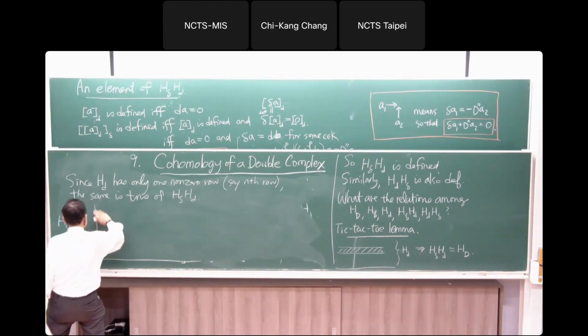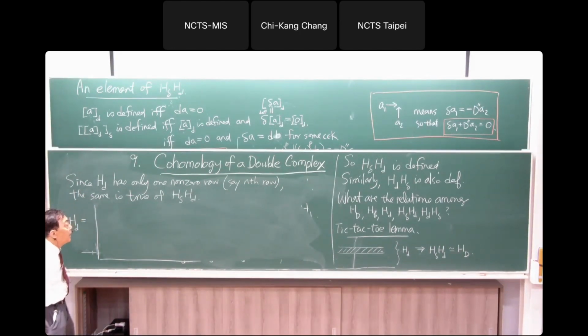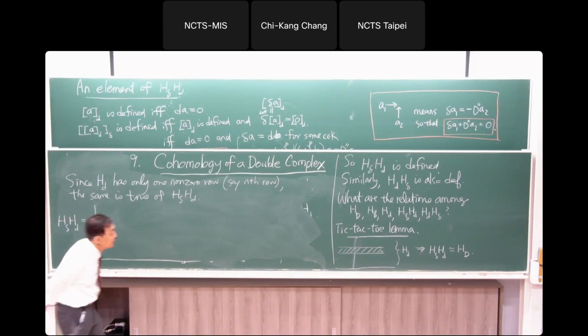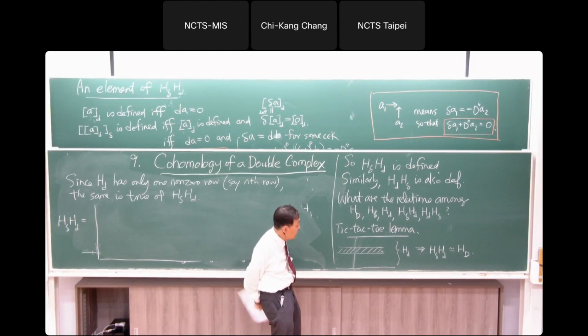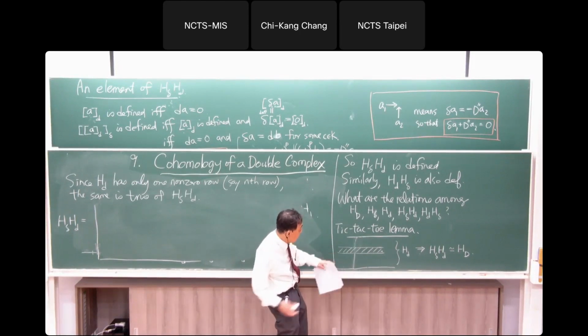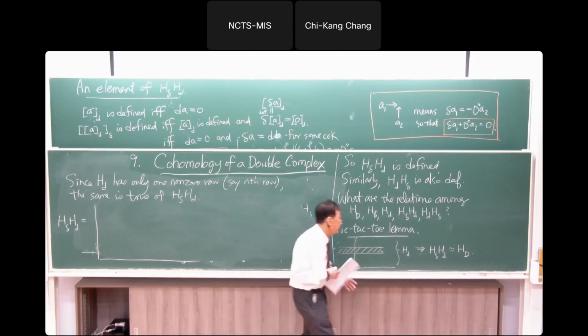All right, so let me draw a picture of H delta HD. Yeah, I have to make some assumption about the double complex. So I'm going to assume that K is a first and second quadrant double complex.